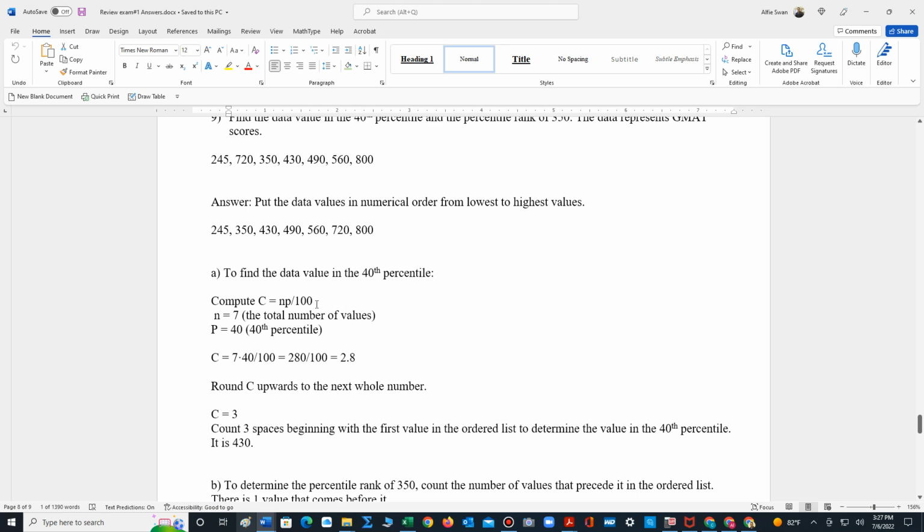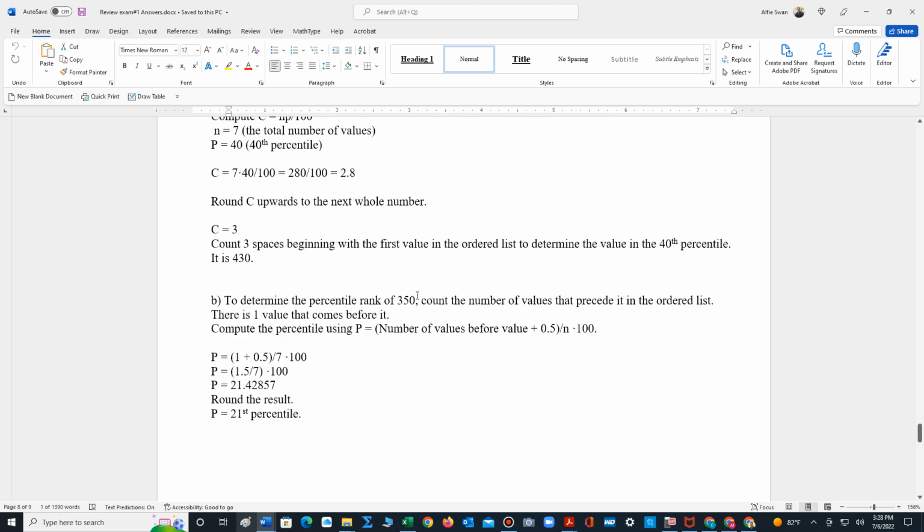It's c equals n times p over 100. n is 7 because there are 7 data values. p is 40 for the percentile. So 7 times 40 is 280, and 280 over 100 is 2.8. We round 2.8 up to 3, and then we count 3 spaces to get to our answer. So 1, 2, 3. 430 is in the 40th percentile.